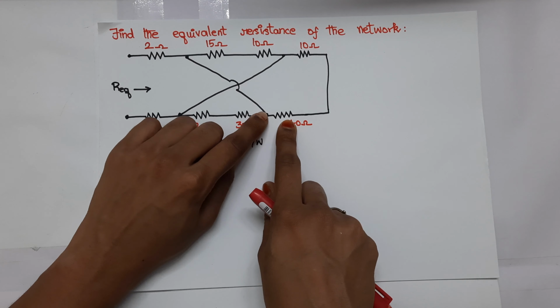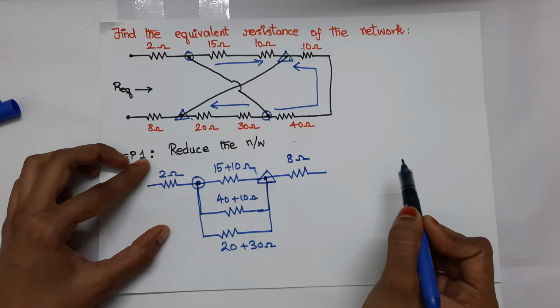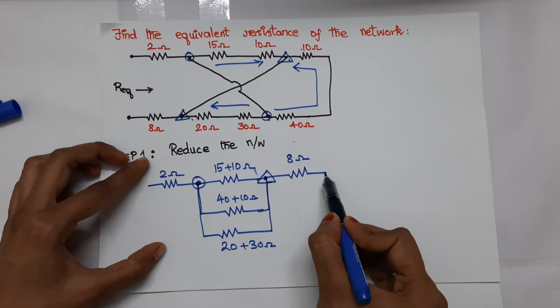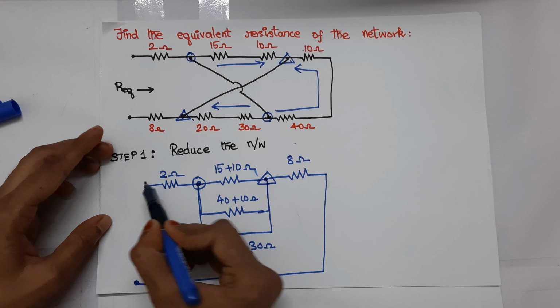All these 3 go from the circle to the triangle. Then in the triangle node we have one 8 ohm resistor here, right? Then this is circulating back to the source.